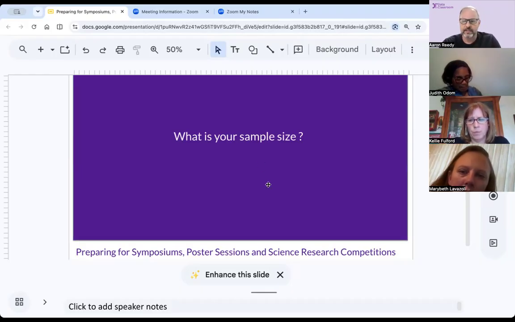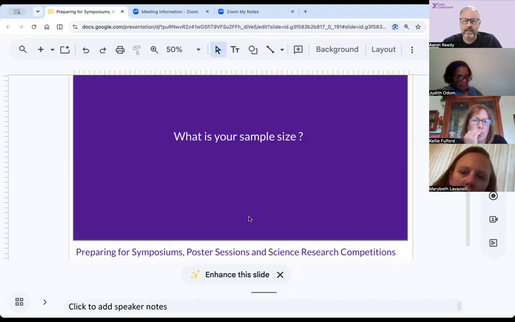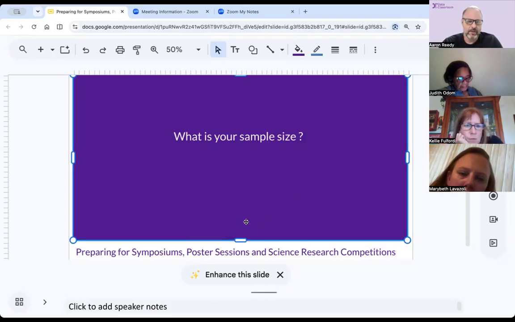It helps you put results in context. It's the first thing that tells you anything at all about the strength of the evidence. So what is your sample size is an important question to ask a student, and an important answer for them to know.